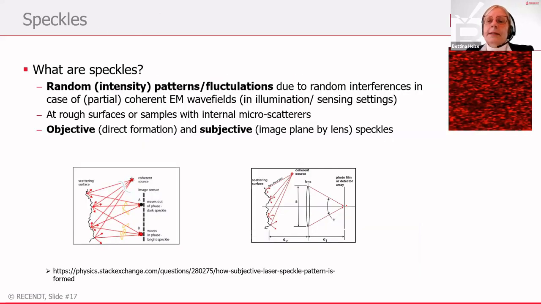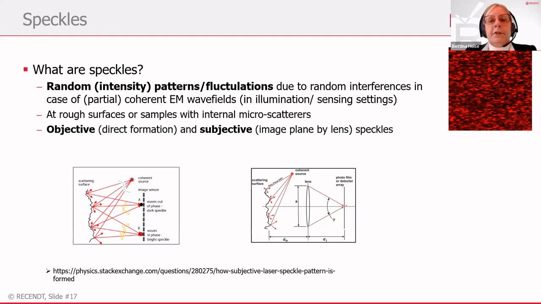What happens if we have highly coherent sources, like lasers? I think you have often observed yourselves that if you send laser light onto a rough surface, you get speckles. These are random fluctuations and describe random interferences.